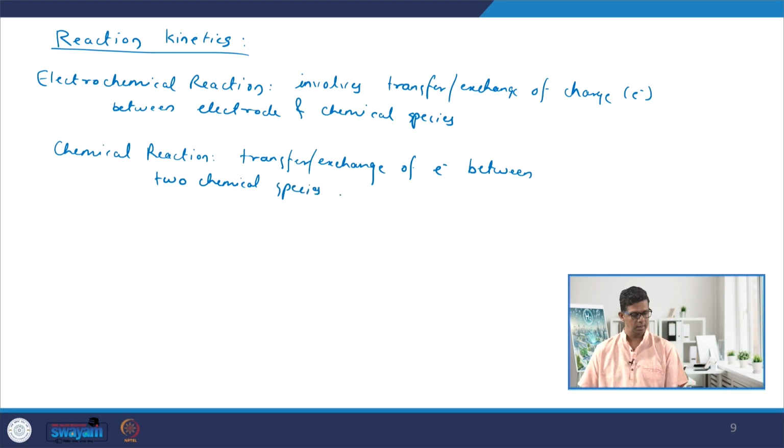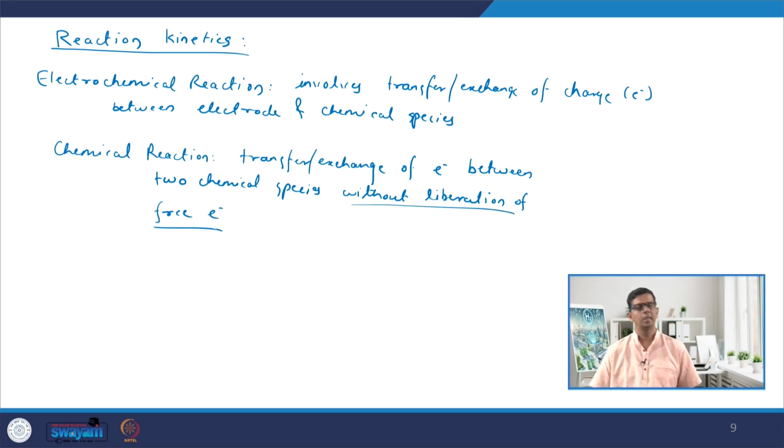Now here lies the difference: without liberation, okay, liberation of free electrons. This is very important, and that is what differentiates the chemical and electrochemical reaction.